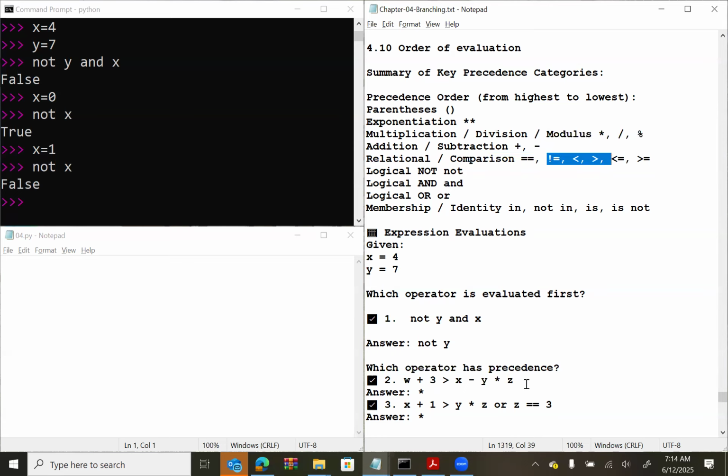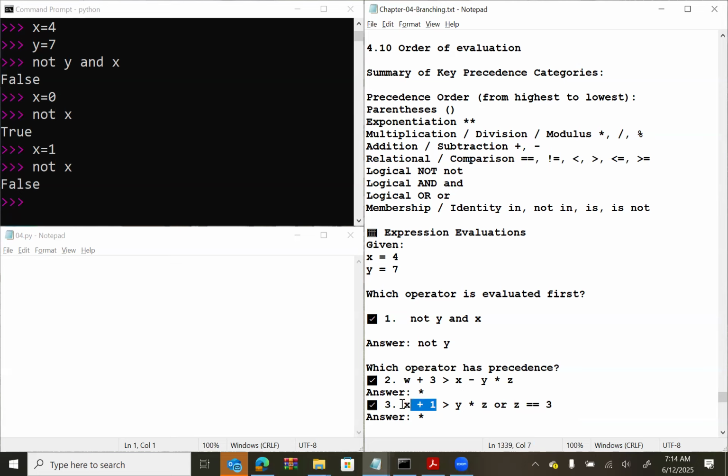So this will be solved first. Again, is equal to is here. This is the comparison operator, but before the comparison operator is the almost last one, OR. Again, y multiplied by z is the first one.